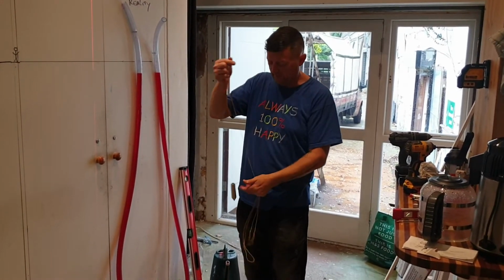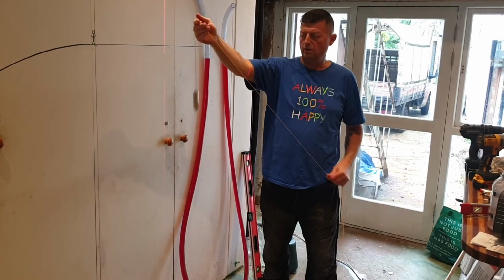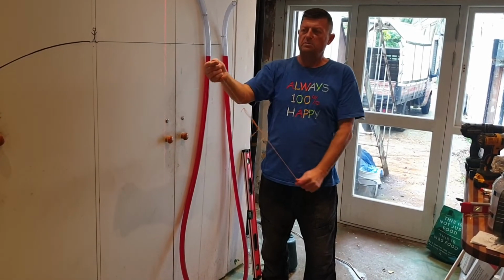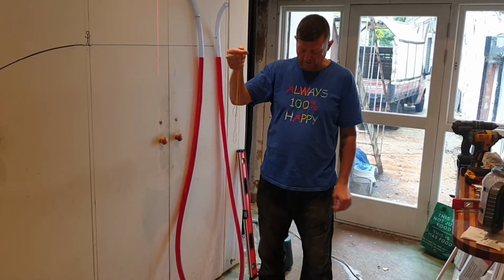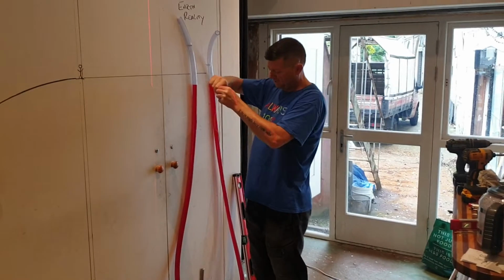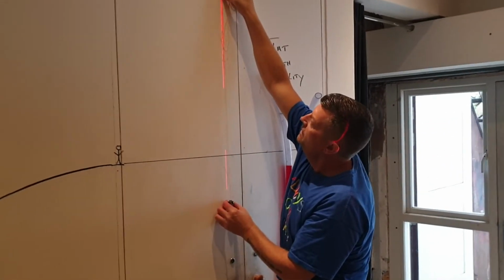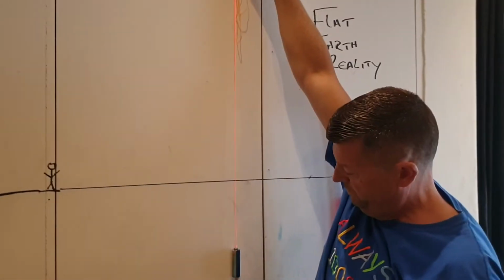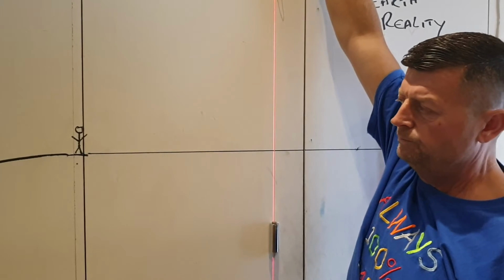And basically it's just a weight on a piece of string. No matter where you hold it, high or low, it will always be 100% plumb. Once it stops moving, it will be 100% plumb. You can test that if you want by just holding it up against the laser. It will show you right there that the plumb line is 100% plumb. Okay?